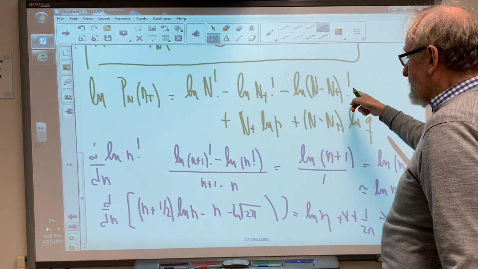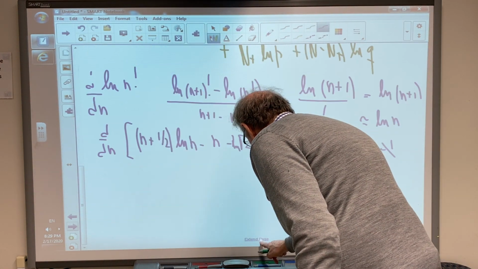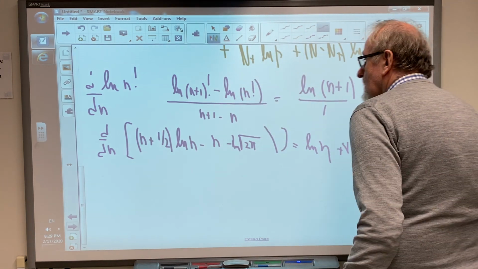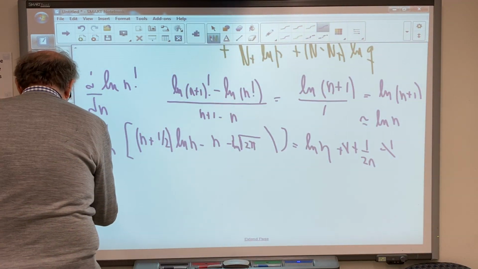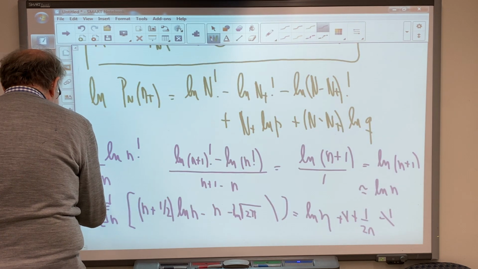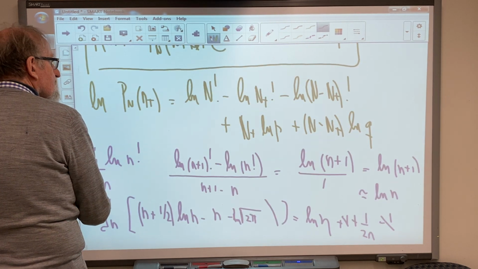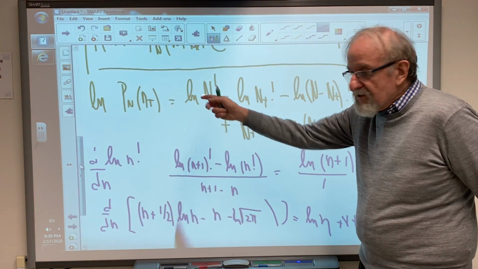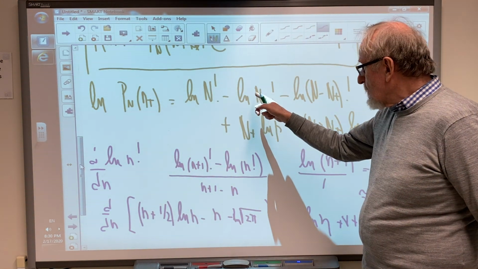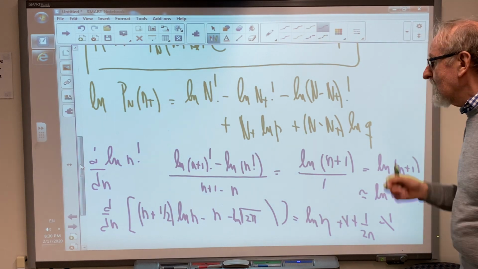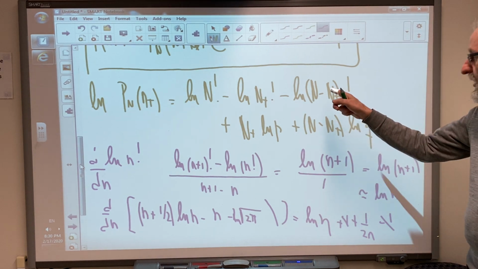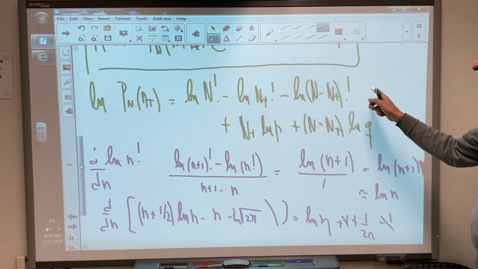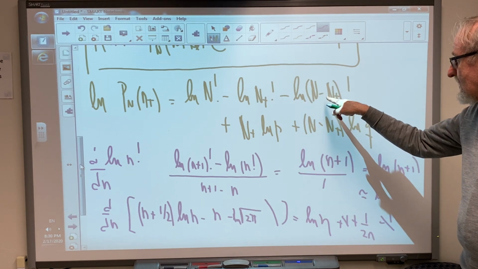And I need this because I have to come to this expression that I have right here and take derivatives. So let me show the expression again, and you will see that now calculating the derivatives is quite easy. The derivative of this is 0, this is a constant. Here I will get ln n plus factorial. Here I will get ln n minus n plus factorial with a plus sign, because I have a minus.